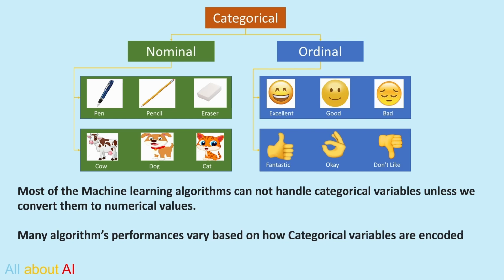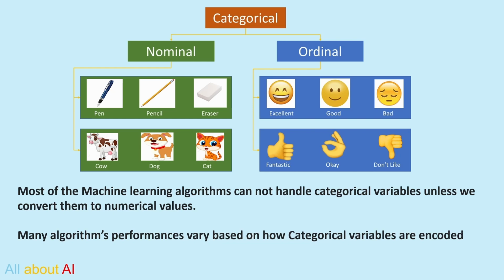Say, when we say excellent, good, bad, or fantastic, okay, don't like, all these emoji or responses, they have a sequence or order. So categorical variable encoding uses nominal and ordinal concepts while constructing the methods.